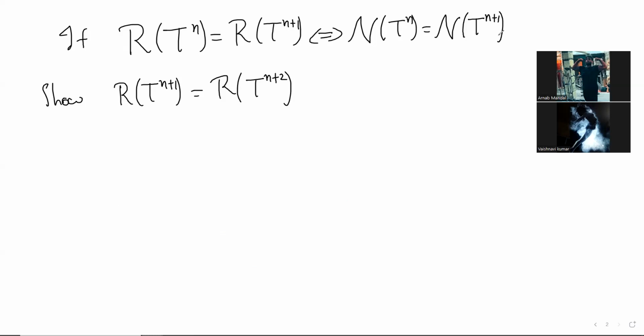Again, not the same, but same properties. The range is contained, the range is equal. Now you can compare the null space. The null space of T to the n will be contained, but then rank nullity shows that it should be equal. Okay, so it's twisting, but still it is not very different.